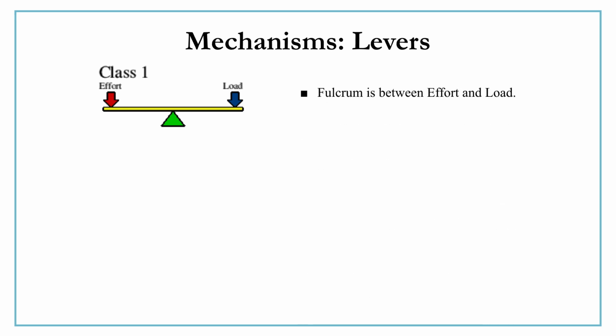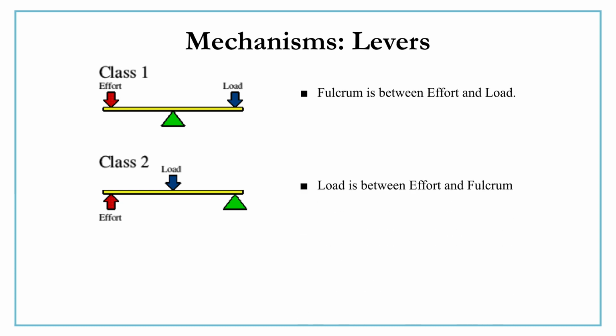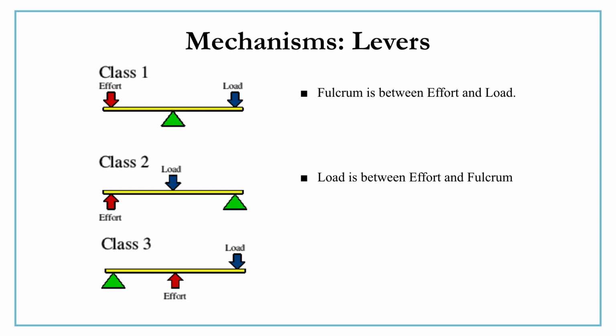In a class 1 lever, the fulcrum is between the effort and the load. In a class 2 lever, load is between effort and fulcrum. And in a class 3 lever, effort is between fulcrum and load.